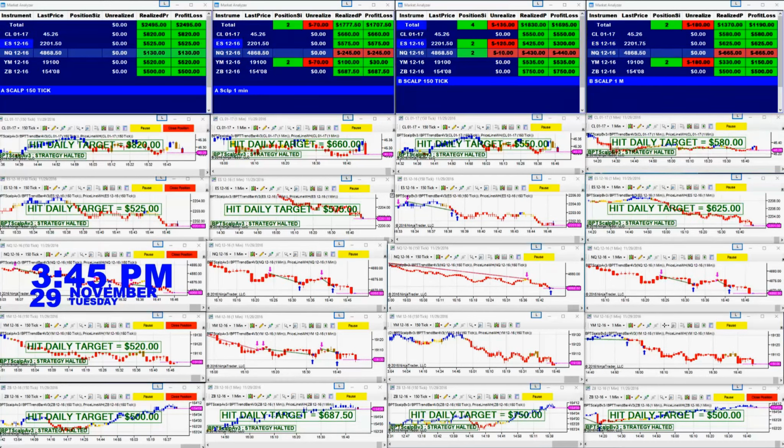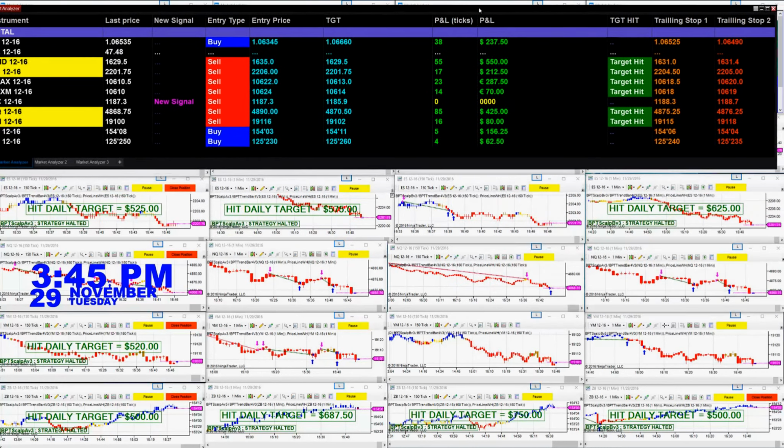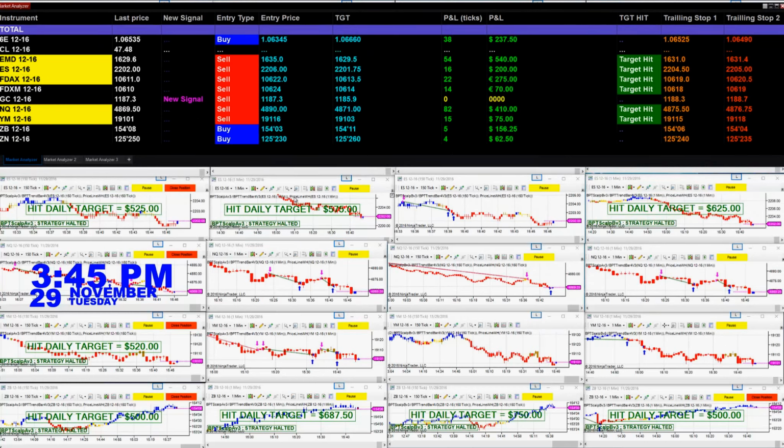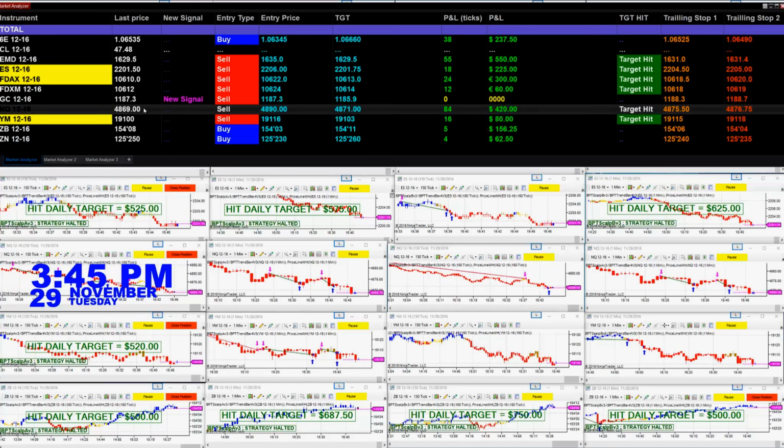However, on the NASDAQ today, on the NT8 system, the NASDAQ did very well, and actually on the last trade, this is a totally different automated trading, but I'm just showing the market analyzer. The NT8 on the last trade nailed 48 ticks.